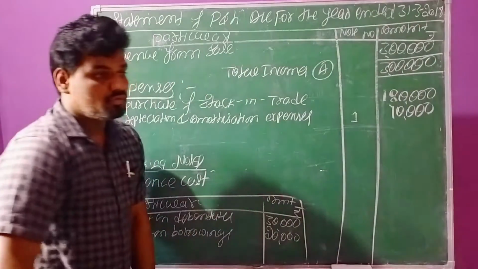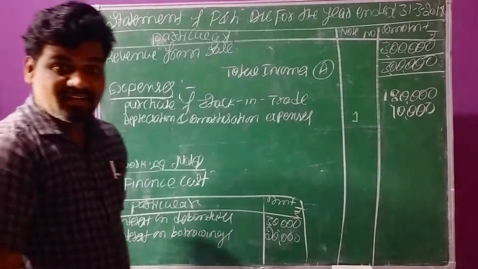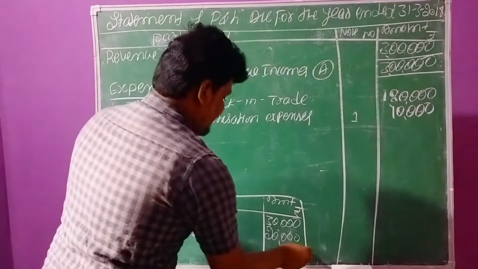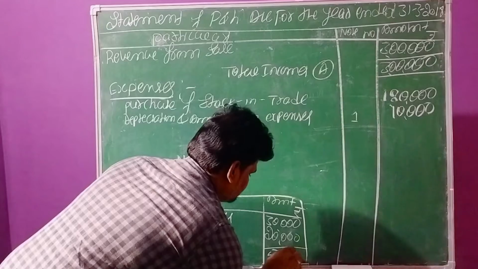So there are only two transactions related to finance cost. Whatever the transactions related to finance cost, we need to add all of them here itself. Now make it total: 50,000.